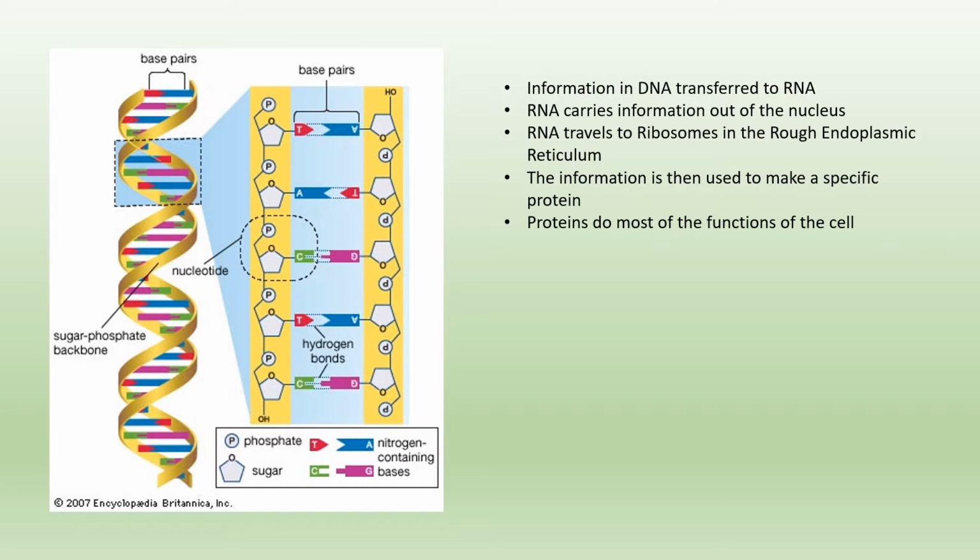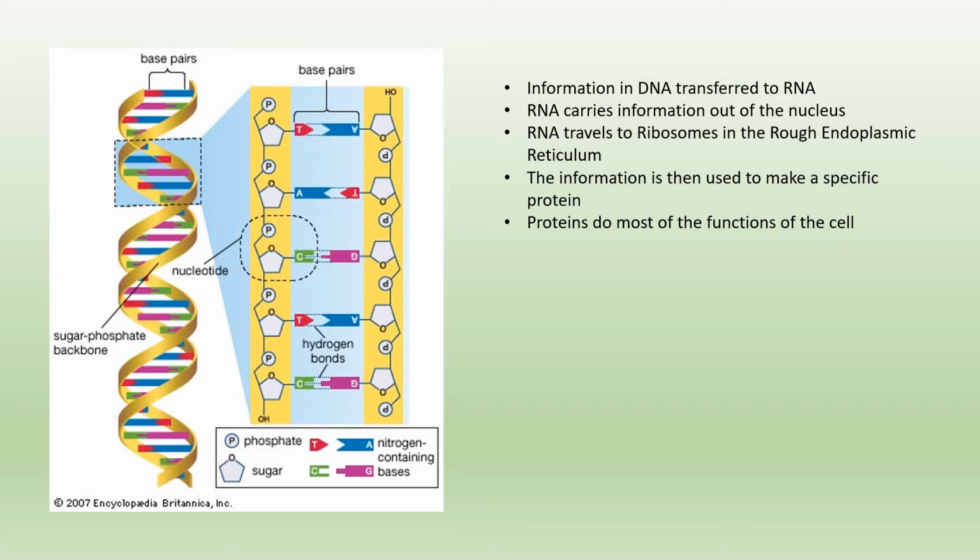DNA consists of a series of these nucleotides. Each nucleotide contains a sugar and a phosphate. Those form the sides or backbone of the DNA, and then they include a base, and that base connects the two strands of DNA.